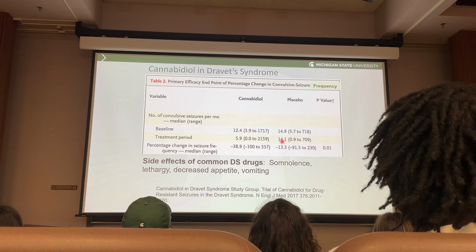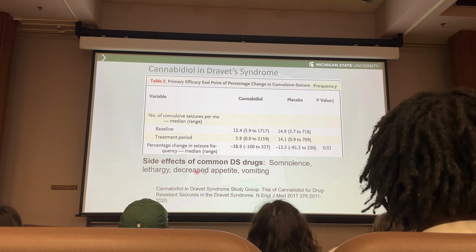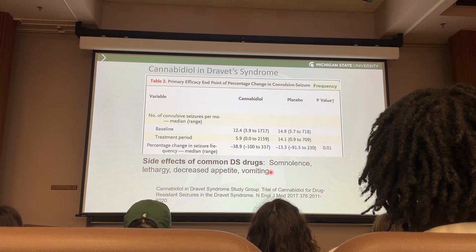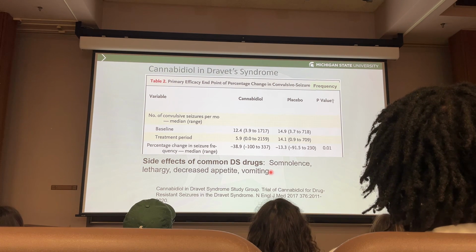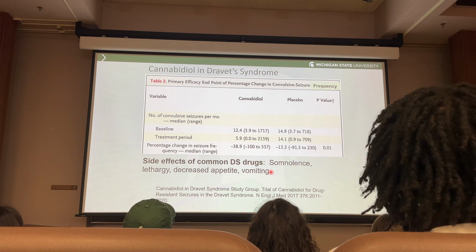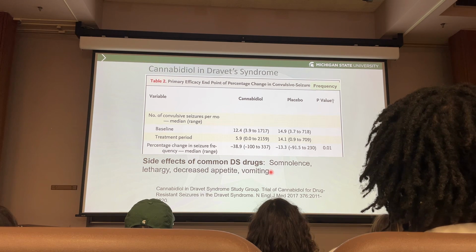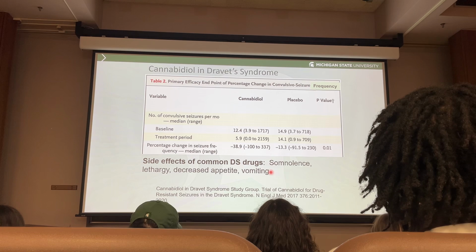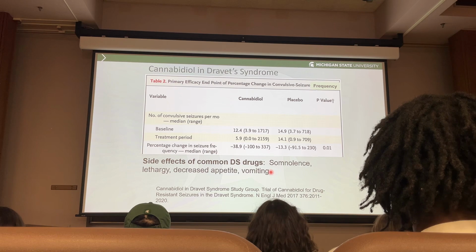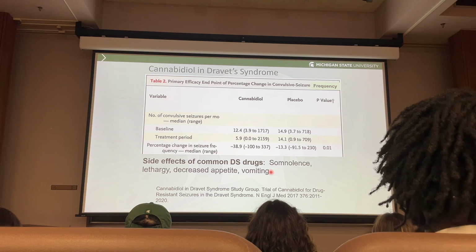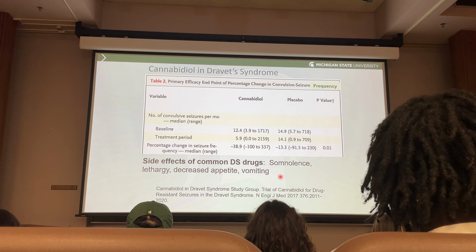So there is a statistical reduction in the amount of seizures that this group has seen, but again, the side effects of those drugs are much more drastic than side effects from CBD. They do happen, but they're more in terms of some people become insomniacs, or some problems with nausea and upset stomach, but in general, much fewer and more mild side effects compared to approved medication for seizures.